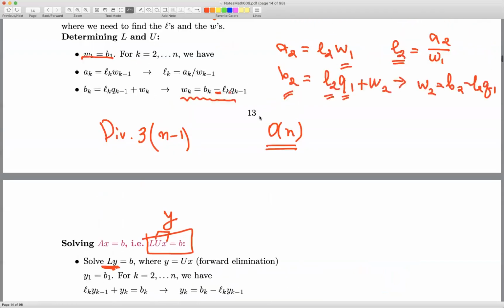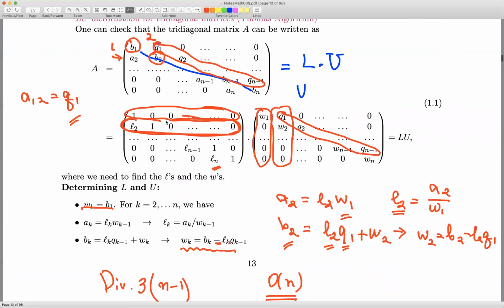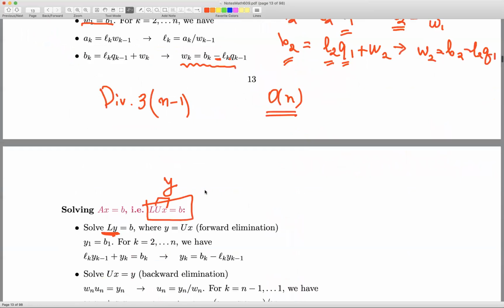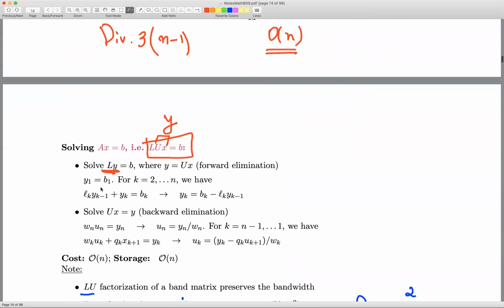Looking at how the matrix L looks like, it's even simpler than a regular lower triangular matrix, because for every row there are only 2 unknown elements. If we start with the first one, Y1 is equal to B1, and then we look at the kth equation, and we can express YK, because by that time we will have computed YK minus 1.